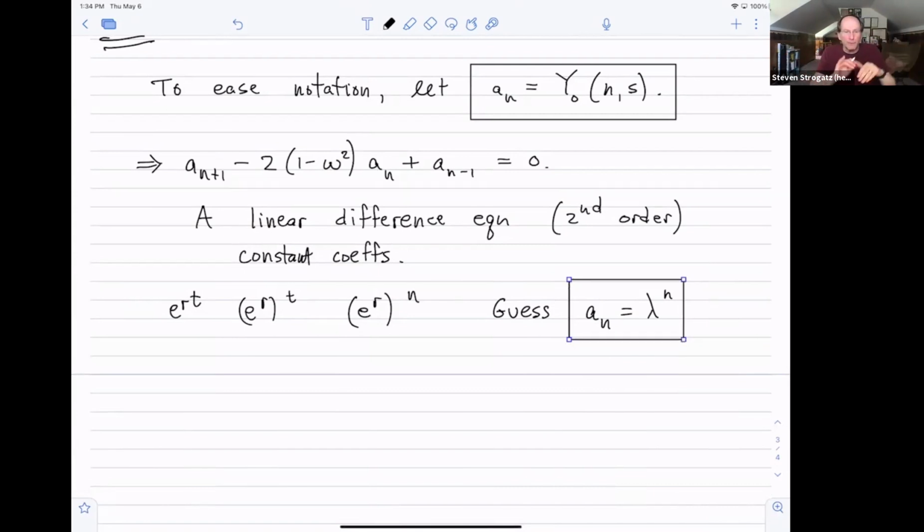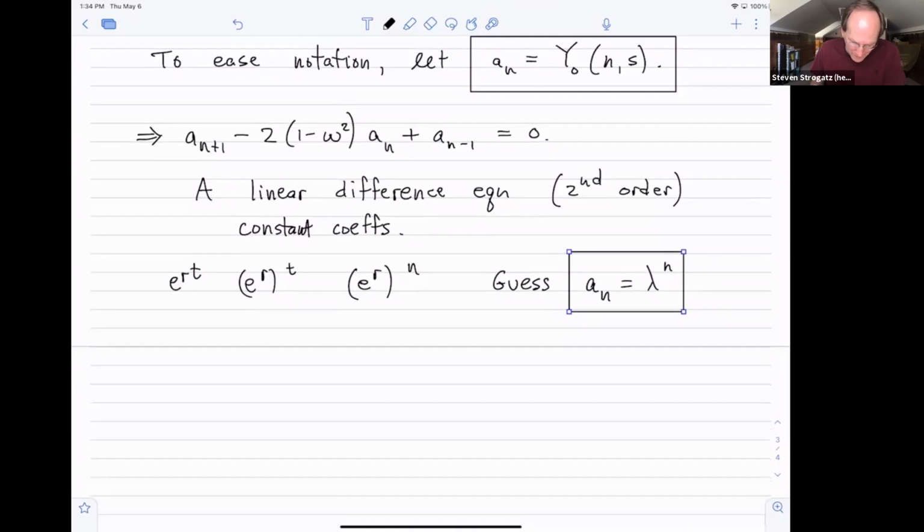You may already know that if you've taught, maybe you're teaching assistants in a linear algebra course. A good use of linear algebra is to solve linear difference equations with constant coefficients. You could solve it with eigenvectors and matrices and that kind of thing. So anyway, if I guess a_n, I don't even know what symbols to put in here.